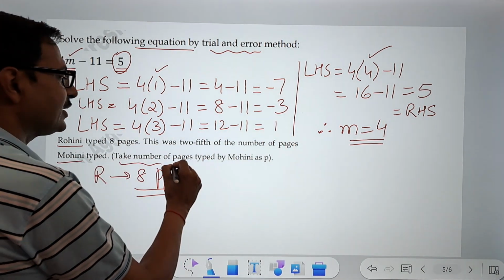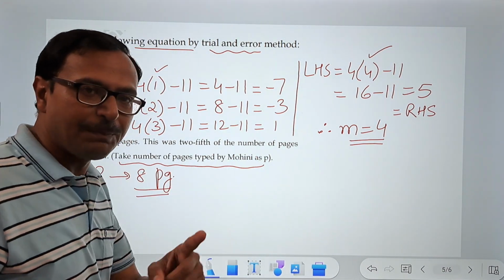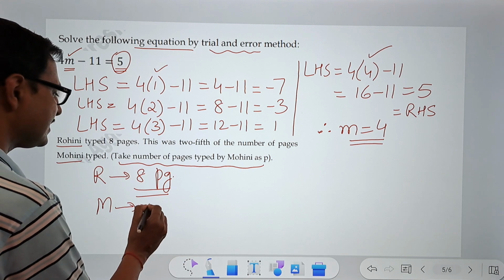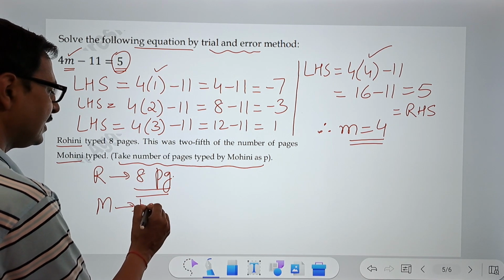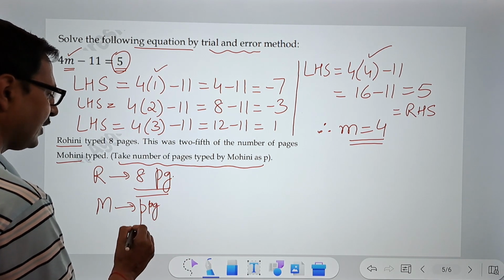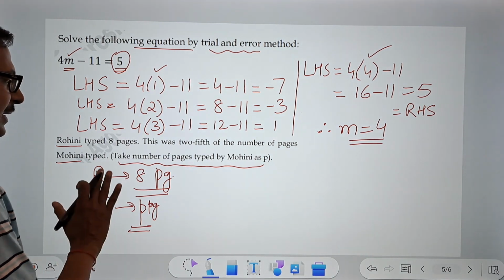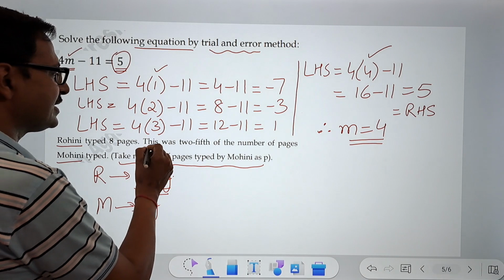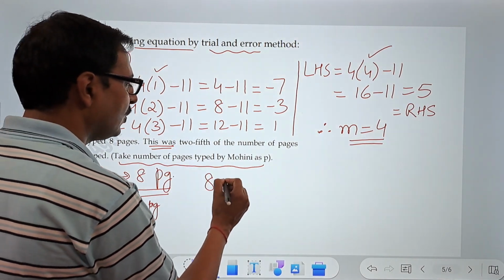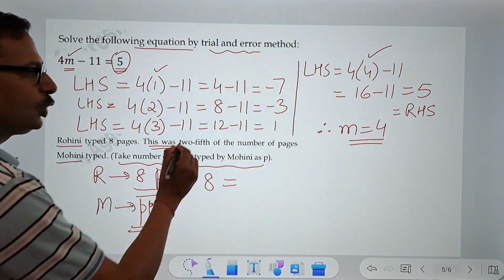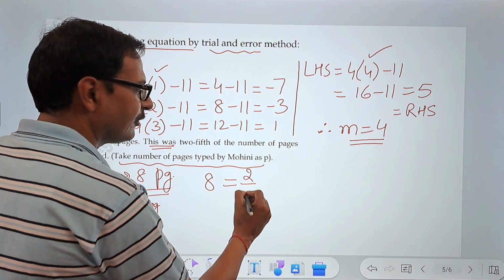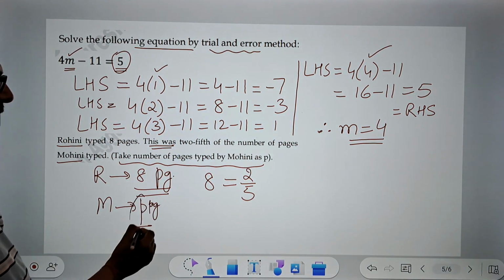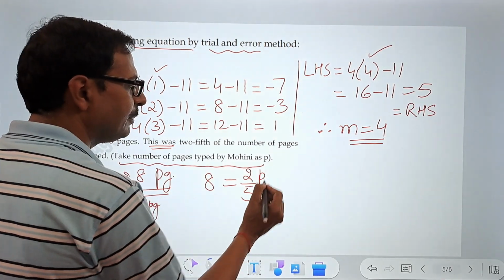Now you are asked to take the number of pages Mohini typed as P. So if you assume that Mohini typed X pages or P pages, then let's go with the statement. Rohini typed 8 pages. That means 8 was 2/5, 2 upon 5 of the number of pages Mohini typed. Mohini typed P pages, so 2/5 of P.